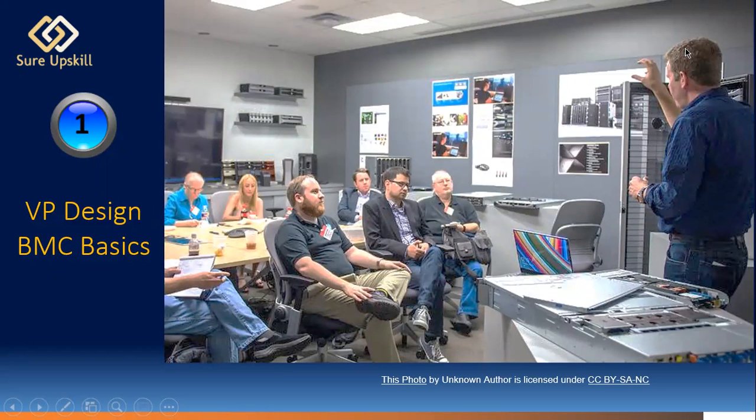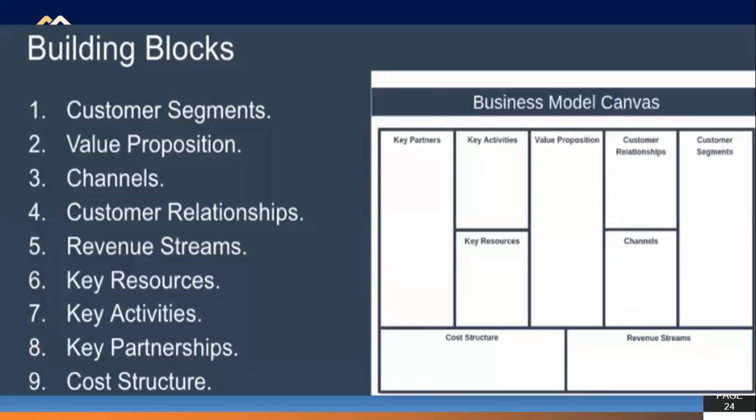Value proposition design, BMC basics. First, as I said, these are the 9 building blocks of the business model canvas. Customer segments are filled in first, then the value proposition segment, which is in the middle, and then the channels through which the product is delivered as created in the value proposition and as wanted by the selected customer segments.